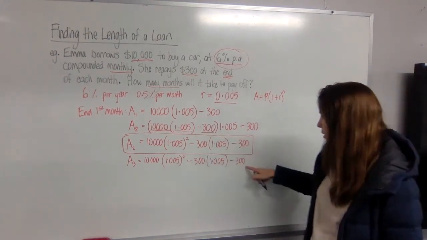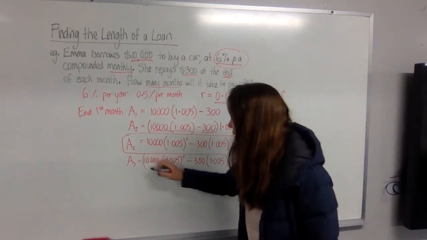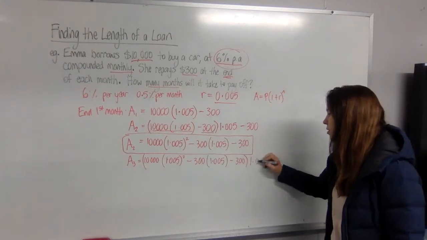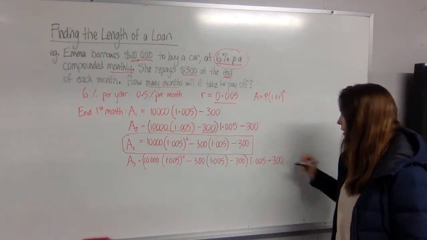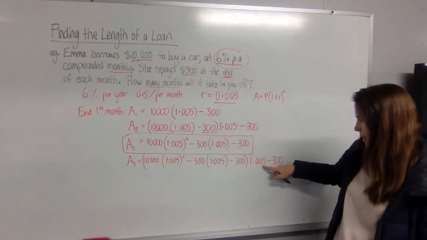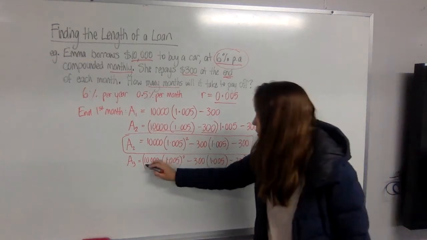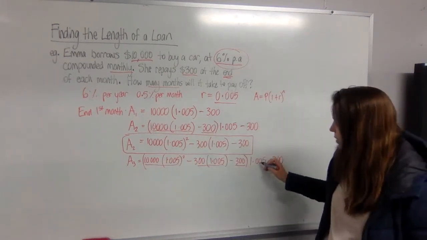Now in this third month, we took what Emma owed at the end of the second month, and the first thing the bank does is charge interest. And then Emma makes a repayment. Now again, we can expand these outer brackets by multiplying this 1.005 by 1, 2, or 3 terms. So let's go ahead and do that.